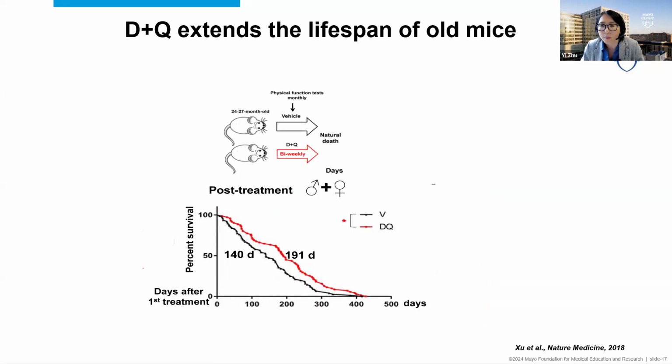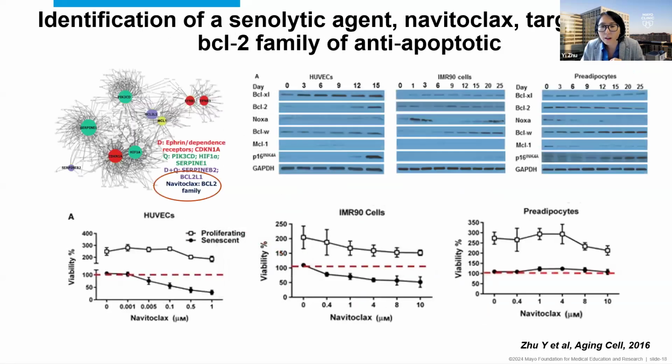of those aged mice. And then also, when I looked into the pro-survival pathways, I found one famous anti-apoptosis family, the BCL2 family, popped up from the pro-survival pathways. And then I set out to test how the BCL2 family changed during senescence.